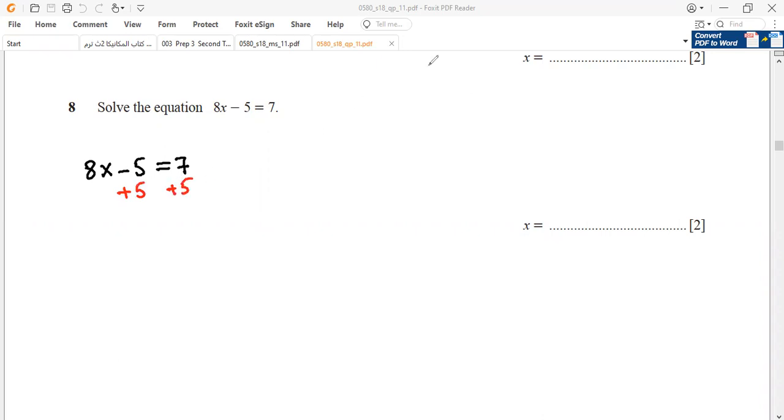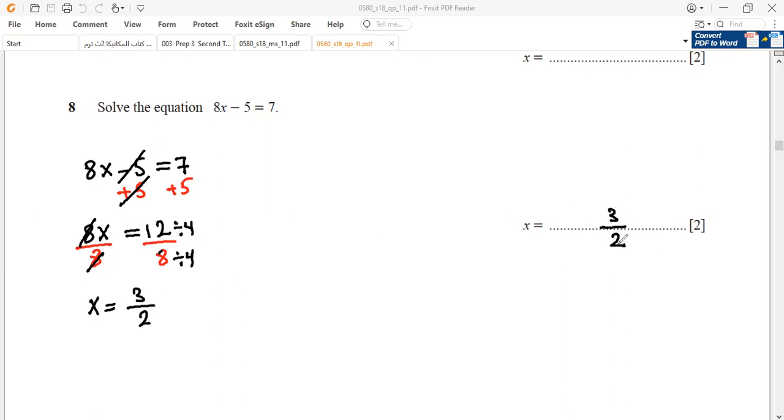Cancel minus 5 with plus 5. 8x equals 7 plus 5 equals 12. Then to cancel the number 8 here, we can divide by 8, both sides. So 8 cancels with 8, x will equal 12 over 8. 12 over 8, we can divide by 4, up and down. We have 3 over 2. So x here equals 3 over 2.